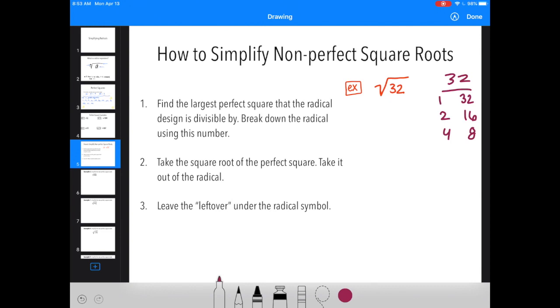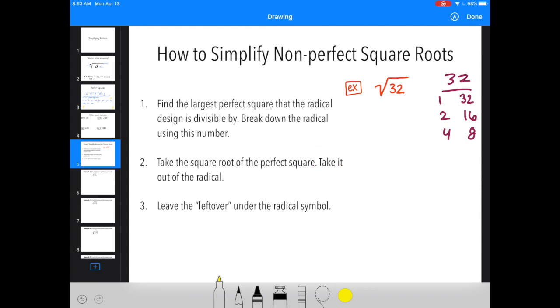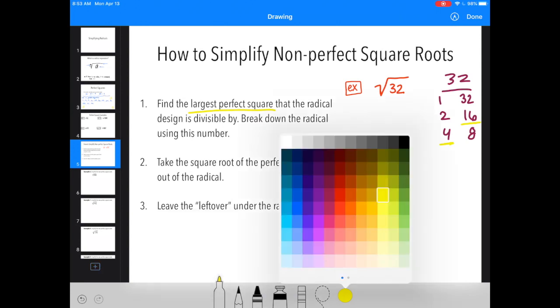Looking at that list, which of those values are perfect squares? 4 and 16. I want the largest perfect square value. So what's bigger, 4 or 16? 16.